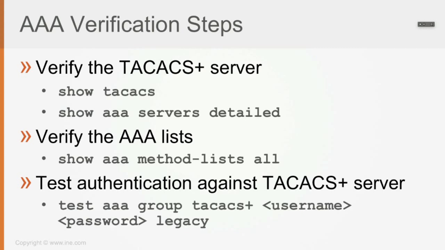It's a long discussion why. Let's keep it simple. You use that command, and as long as the TACACS configuration is correctly done on both the ACS server and on the router, and as long as the TACACS server has been provisioned with that username and password, then you're going to get an authentication succeeded message back. So at that point you know that authentication should work.